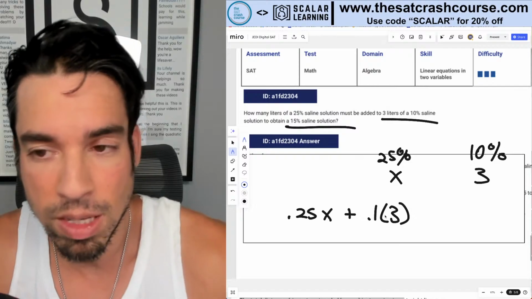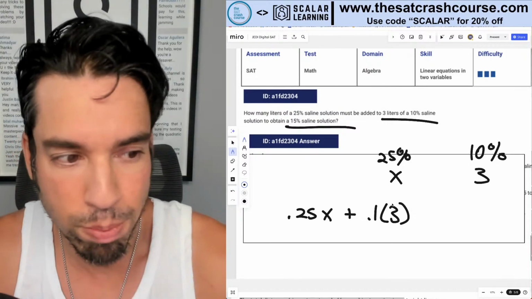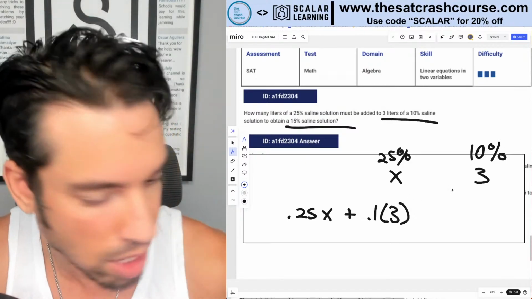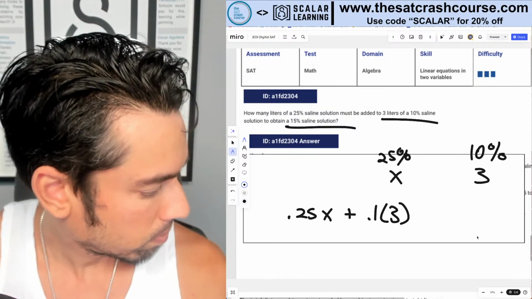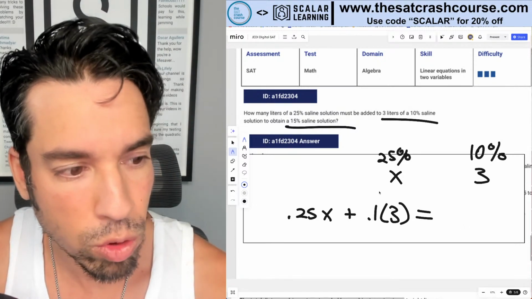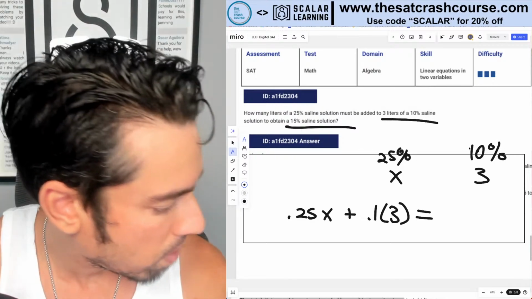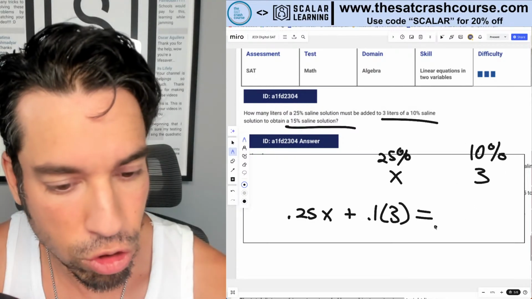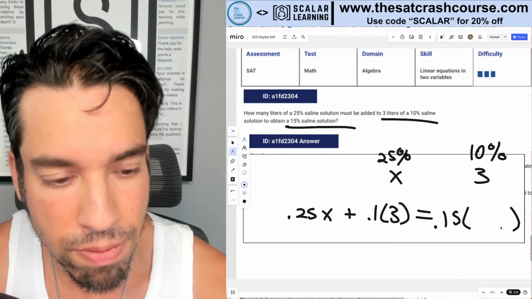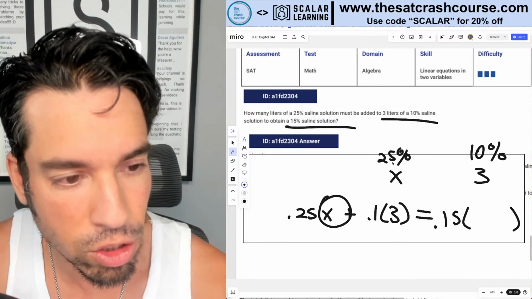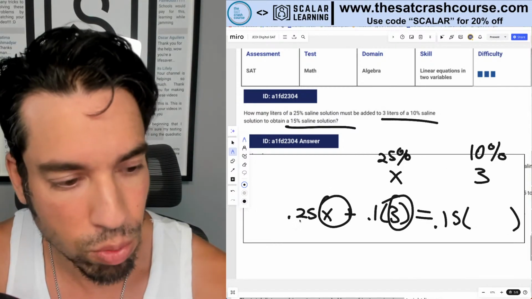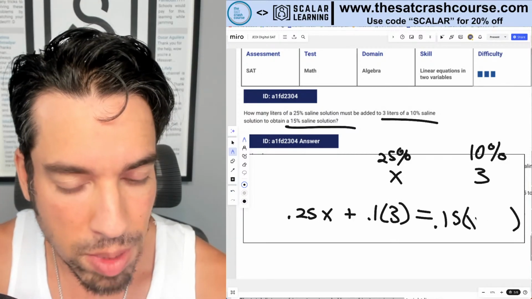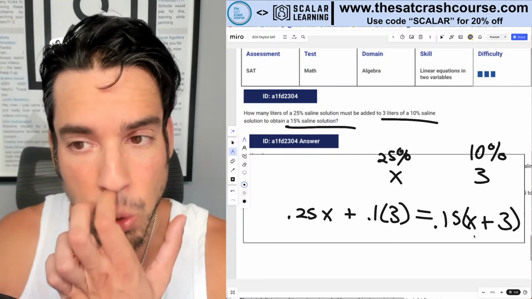So that's giving me the amount of saline in the 10% solution, which is going to be 0.3, whatever the unit is, is equal to a 0.15 saline solution. So 0.15. And what's the final quantity? Well, I'm adding X liters of that and 3 liters of that one, so it's going to be X plus 3. And now I've got an equation. Now I'm ready to solve.